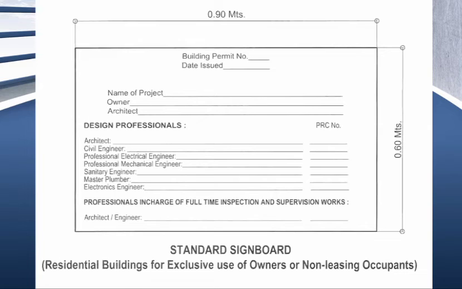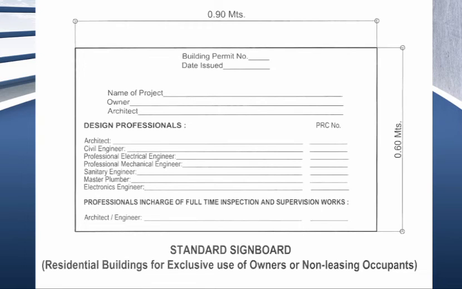That includes the architect, civil engineer, professional electrical engineer, professional mechanical engineer, sanitary engineer, master plumber, and electronics engineer, and the professionals in charge of full-time inspection and supervision works. First, the architect and the engineer. And there is also the measurement for the standard signboard. The length is 0.90 meters and the height is 0.60 meters.